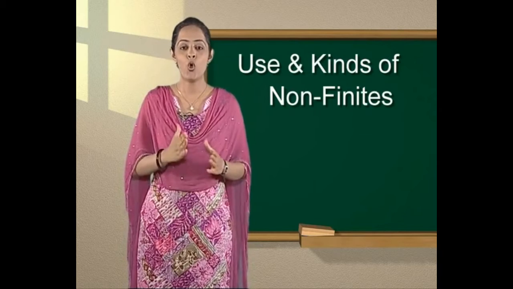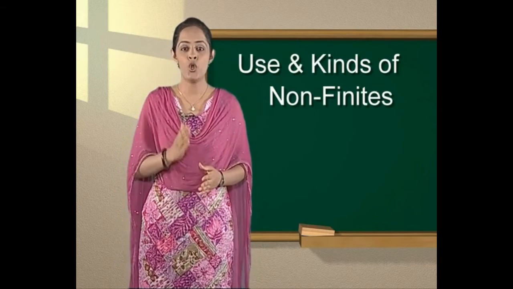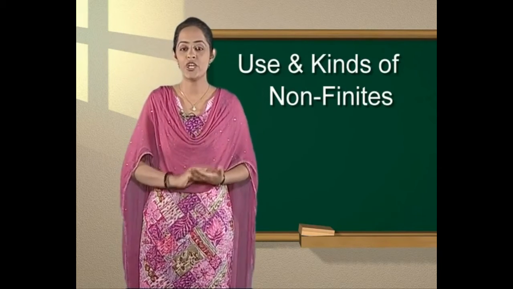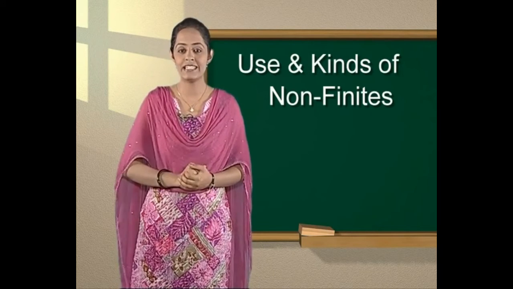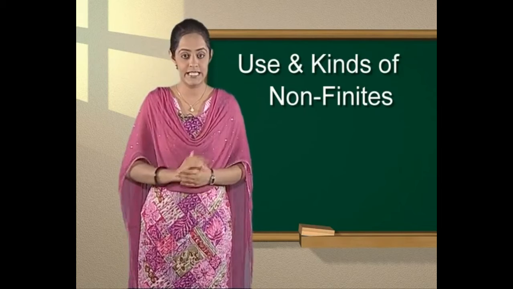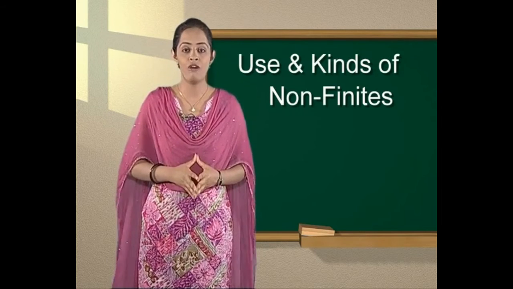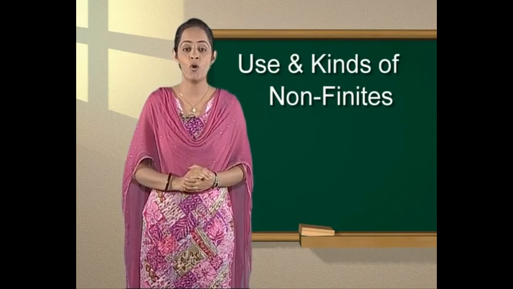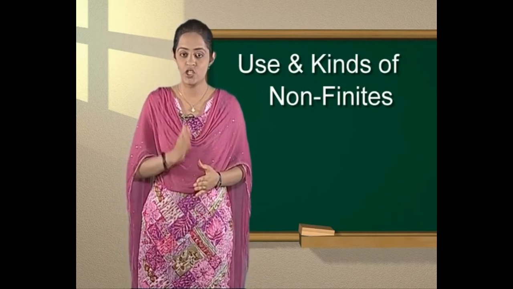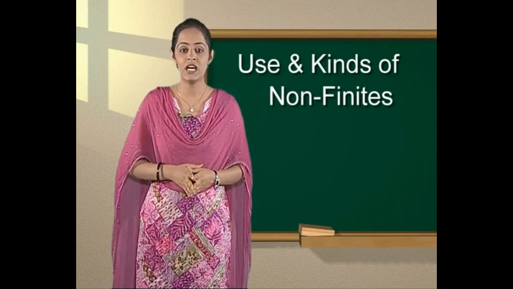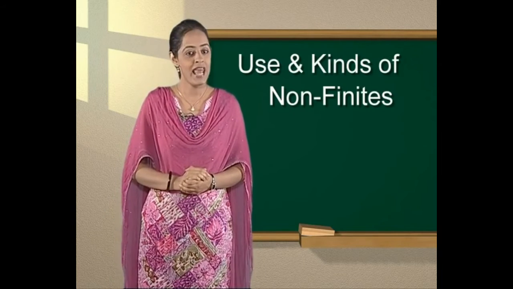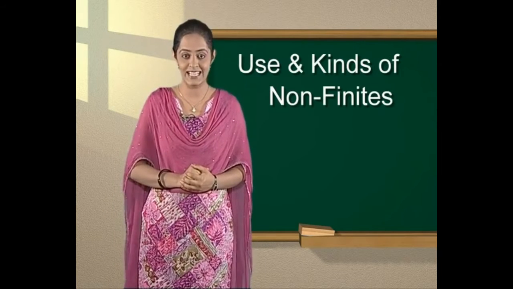Children, in order to verify a non-finite, try to change the subject or the tense in any of these sentences you have just seen. The form of the main verb or the finite verb will change, but there will be no change in the to infinitive. Now look at this sentence.